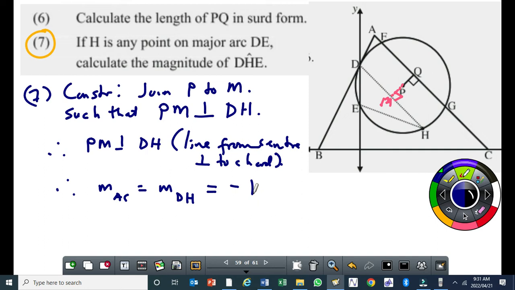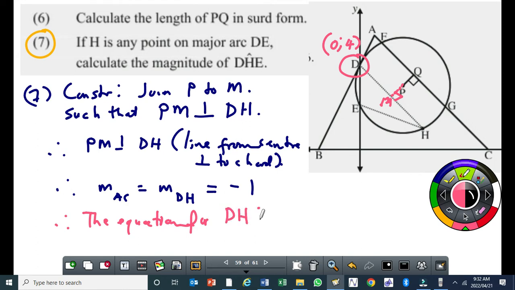Now, once I've got that, I can determine an equation for DH. The good thing is, I know the coordinates here. Remember, at D, x is 0 and y is equal to 4. We got that yesterday. So the equation for DH will be y equals minus x plus 4.